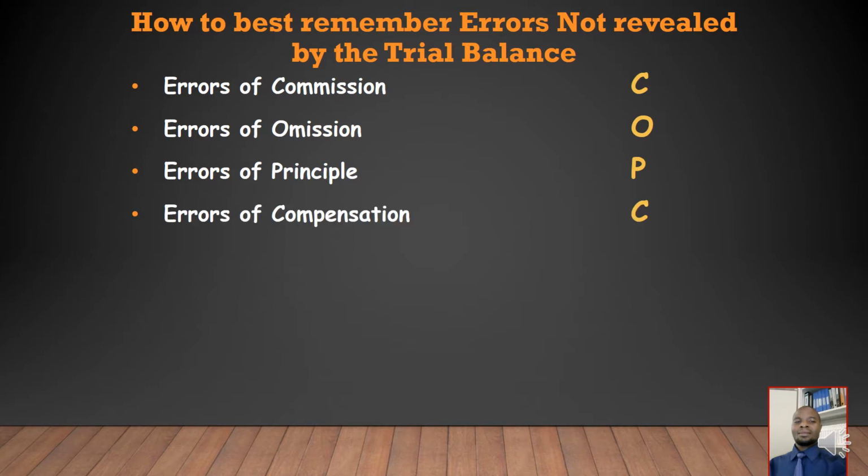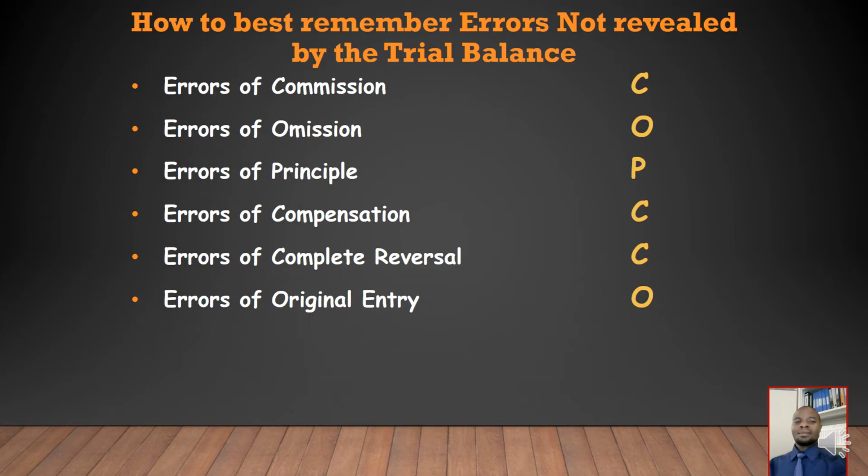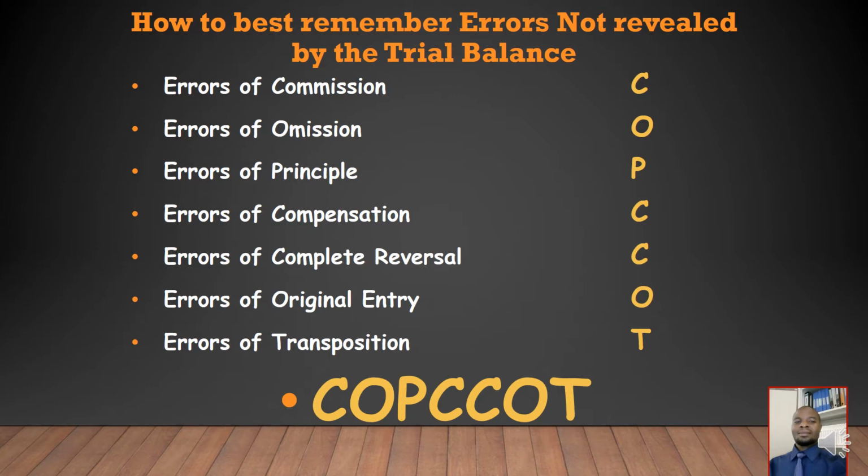We take the first letter from the word compensation. We take the first letter from the word complete reversal. We take the first letter from original entry. We take the first letter from transposition. So when these letters are arranged horizontally, we come up with a word like this, COPCOOT.